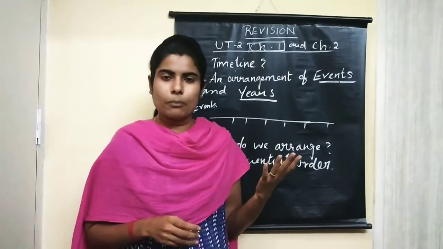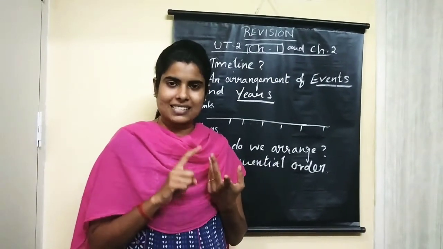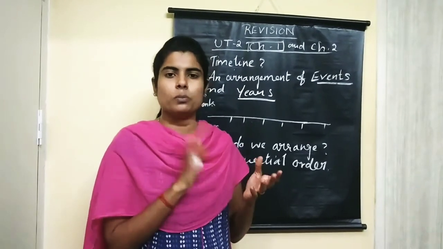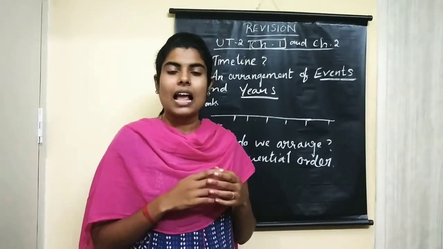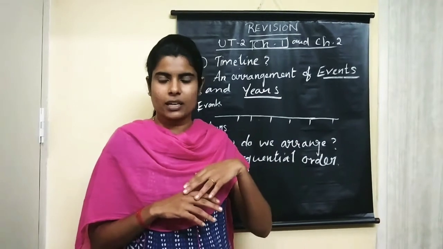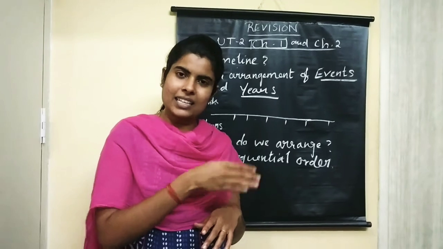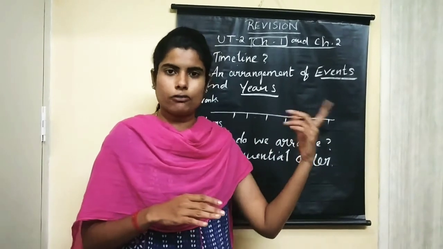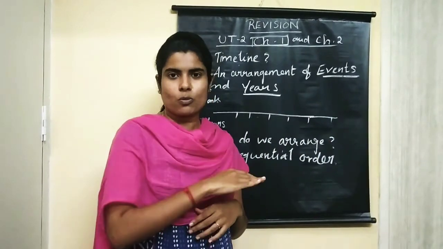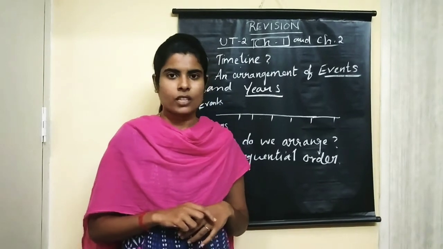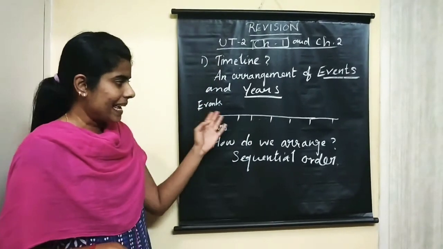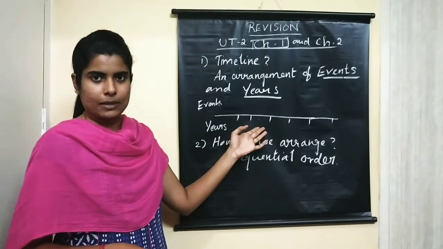So for example, 2, 4, 6, 8, that is from the smaller number to the bigger number, is ascending order. And from the bigger number to the smaller number, for example 15, 13, 12, 9, 8, 7, 5, 4, 1, is descending order. Okay children? So this is how the events are recorded in the timeline.